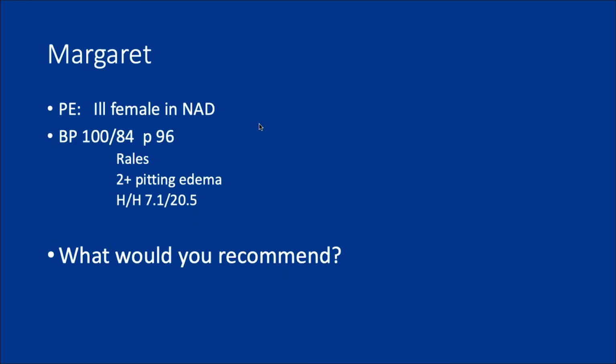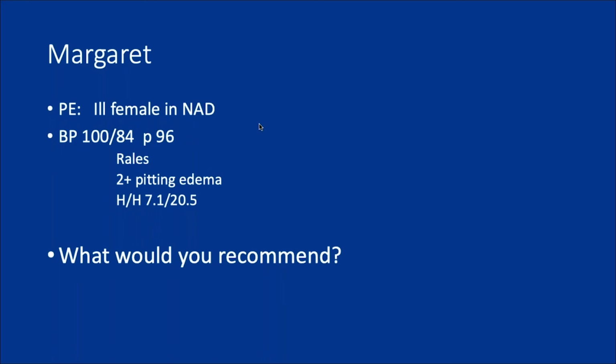Ultimately, when we're dealing with a patient like Margaret, if we find a colon cancer, what are we going to do about it? Is she going to be able to even survive the surgery? And if she survives the surgery, what's going to be happening afterwards? We need to think about the bigger picture.